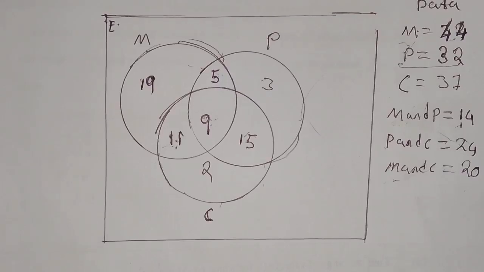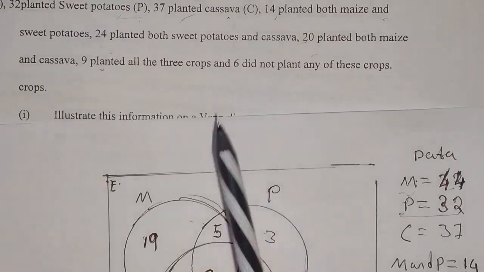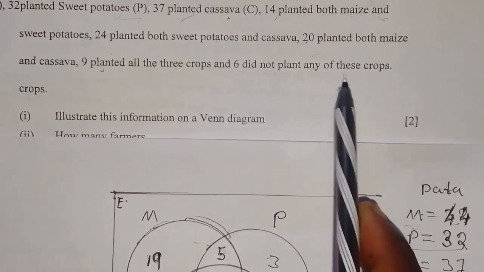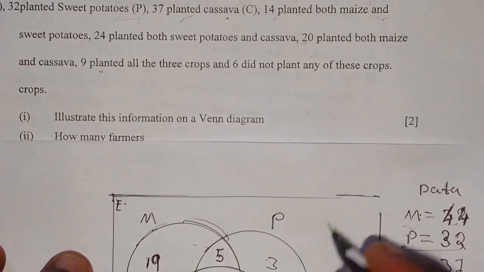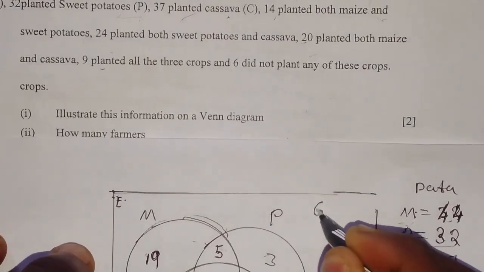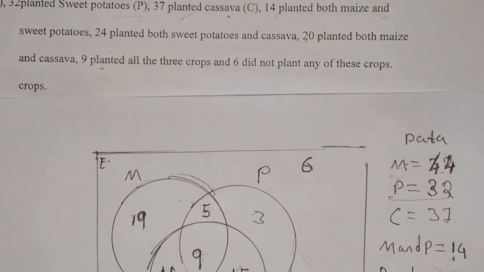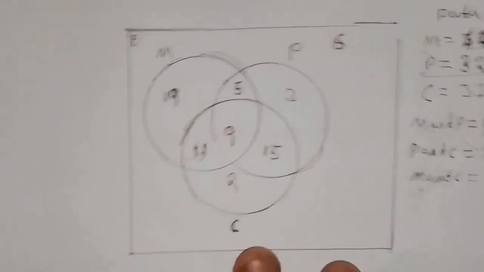Okay, so this is our Venn diagram, but we haven't finished. We are also told here that 6 did not plant any of these crops. So we have 6 down here. Okay, so this is our Venn diagram, and we are done with our Venn diagram.